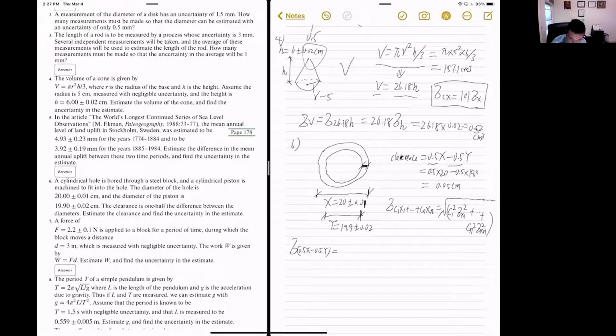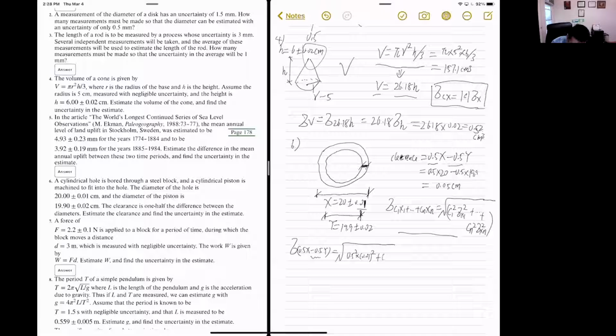Okay. Based on this equation we just discussed, it's equal to C1, which is 0.5, squared. Okay. Sigma x is 0.01, times 0.01 squared. Okay. Plus C2. C2 here, you should pay attention, is minus 0.5.